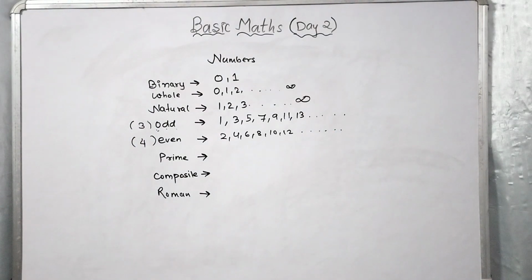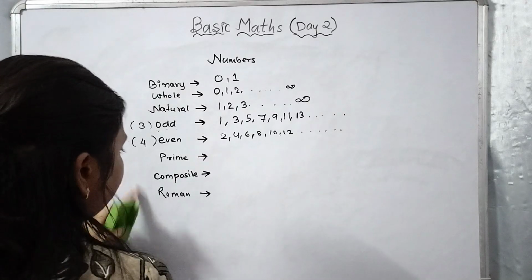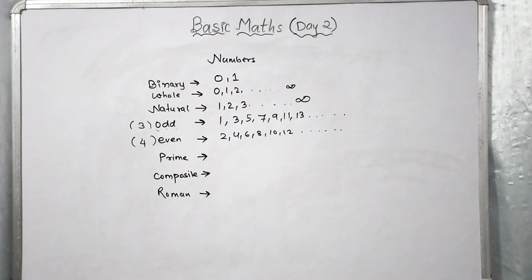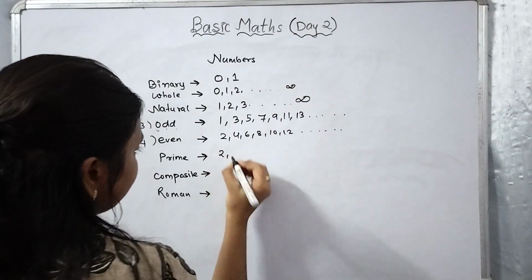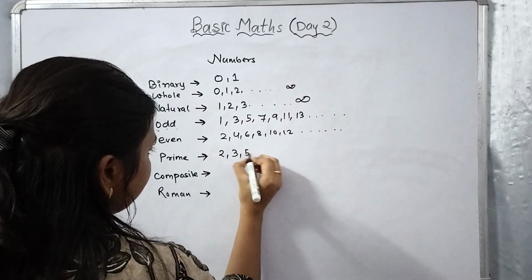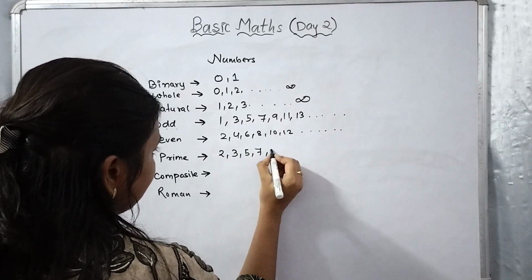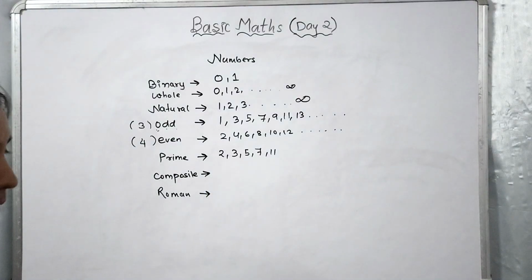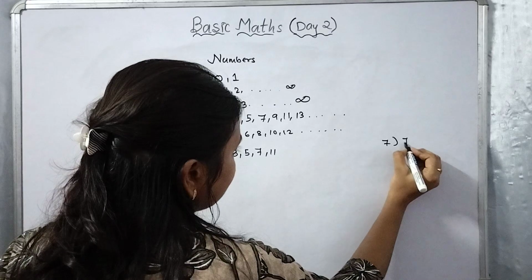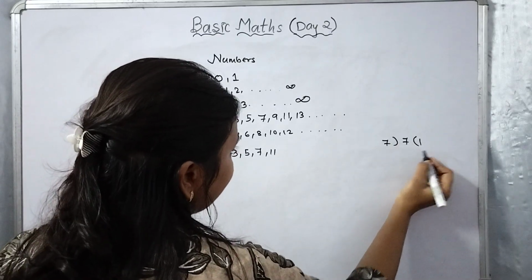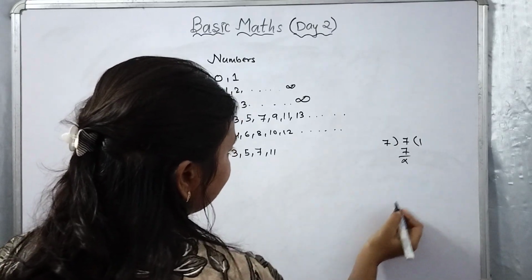Fine? What is prime number? Prime number is any number which is divisible only by 1 or itself. It means 2, 3, 5, 7, 11. For example, if you divide 7, then 7 is the only number which divides itself.